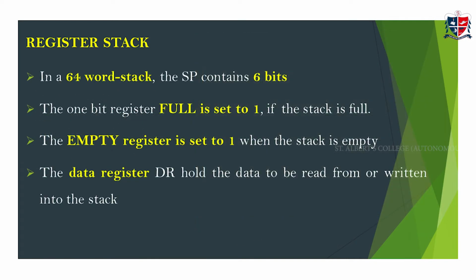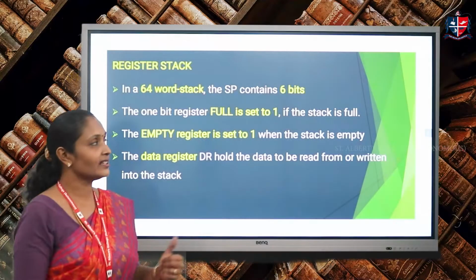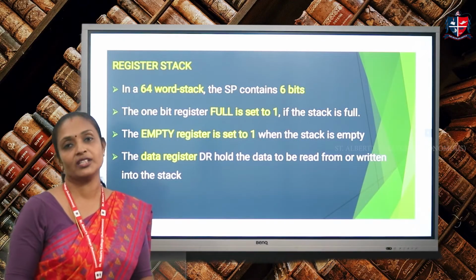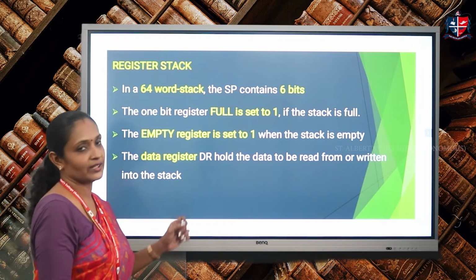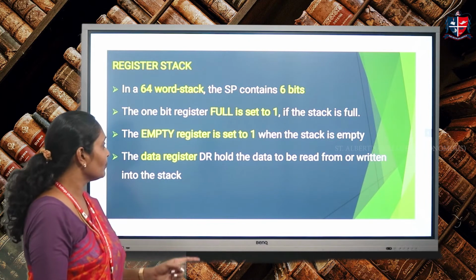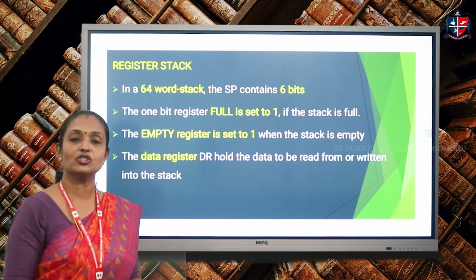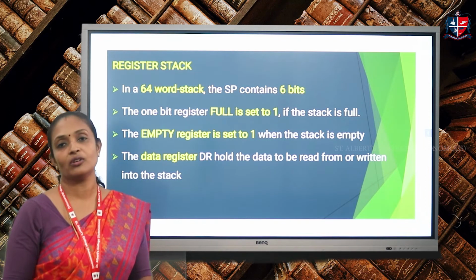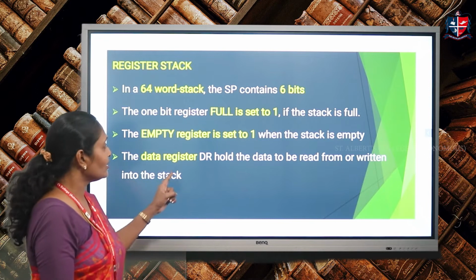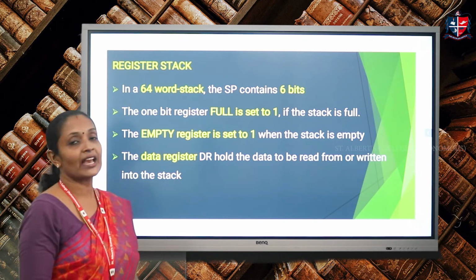In a 64-word stack, the stack pointer contains 6 bits because 64 is equal to 2 raised to 6. The full register and the empty register are both 1-bit registers, and each can store either the value 1 or 0. The 1-bit register full is set to 1 if the stack is full.